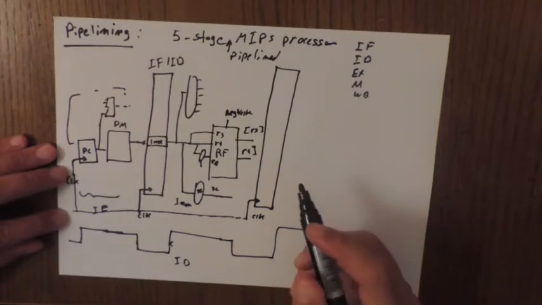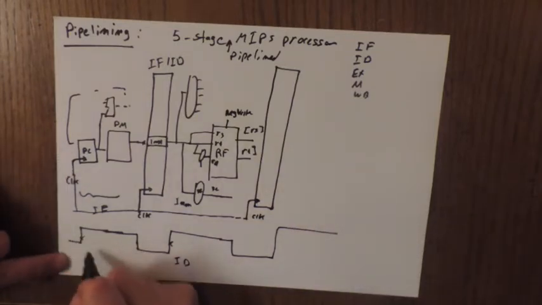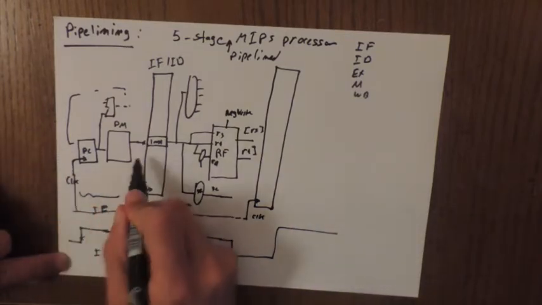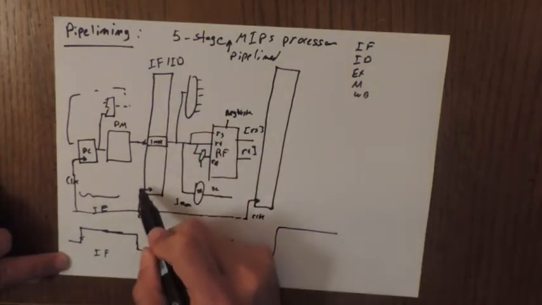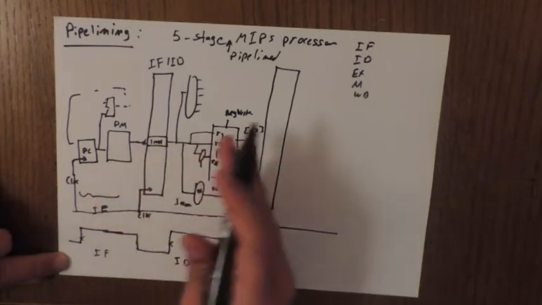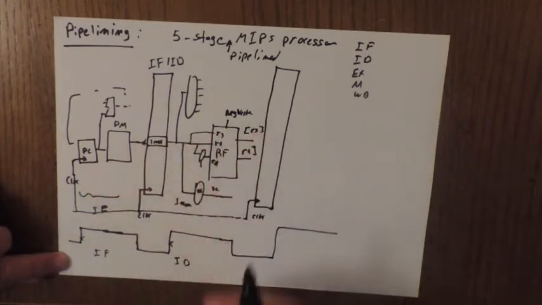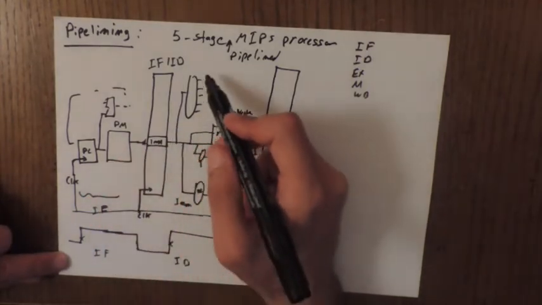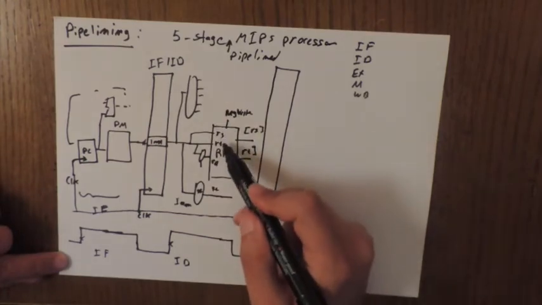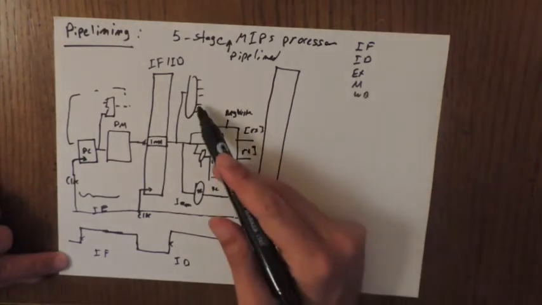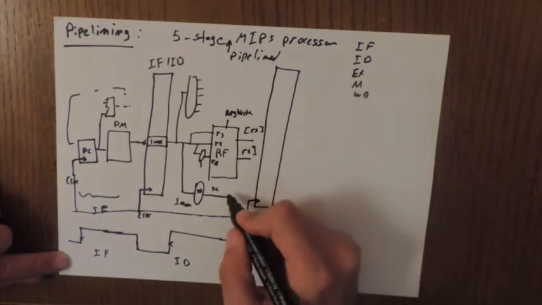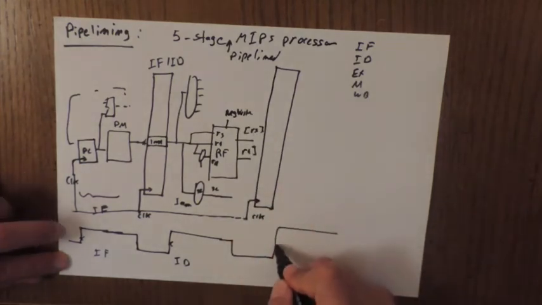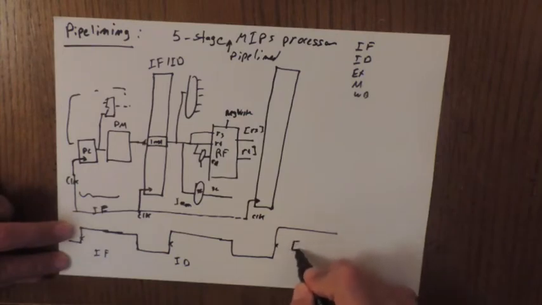So what happens is that at this stage, this is the IF, we fetch the instruction and we wait here. At the next edge, this instruction now goes into the ID stage. We get all the control lines, we know which registers we're gonna use, we know the instruction type, and then we have RS and RT ready, and also the immediate. And then we go to the execute stage.